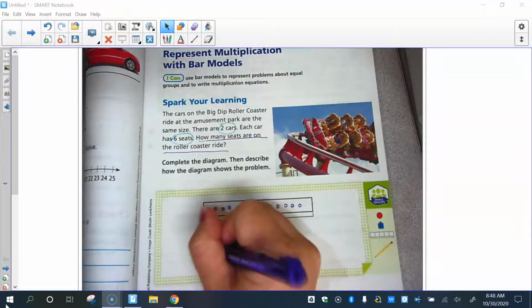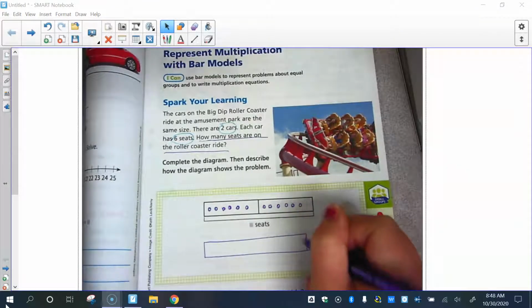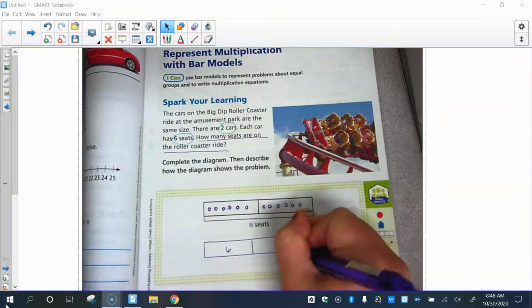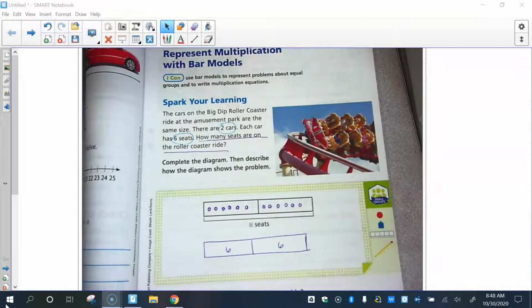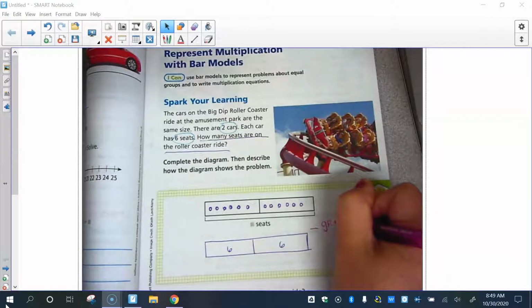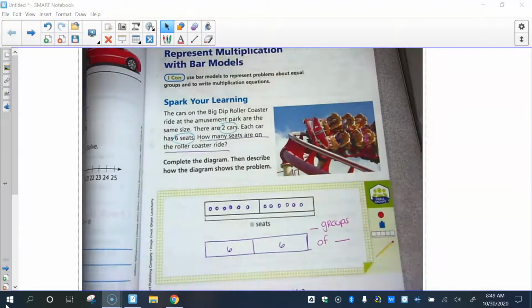You could also have it like this and just write the number in each one. So remember, when we multiply, we go by the saying blank groups of blank. So how many groups do we have here? How many sections is it broken into? 2.